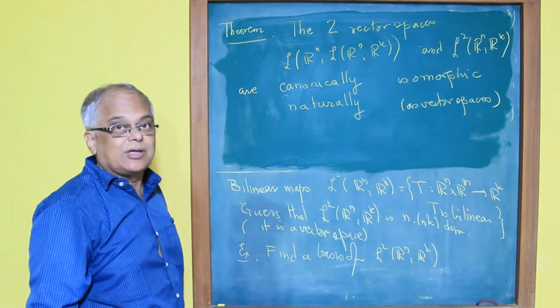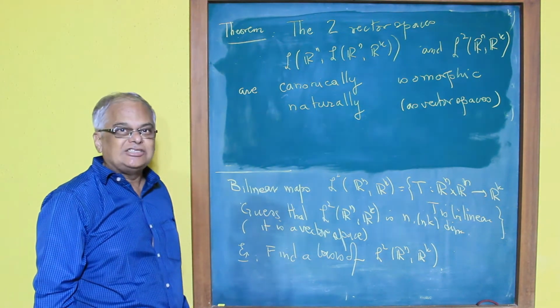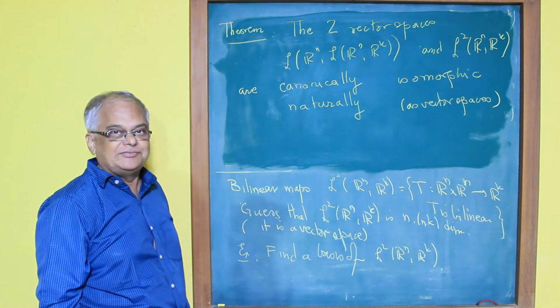These two vector spaces are canonically isomorphic, or naturally isomorphic, as vector spaces.